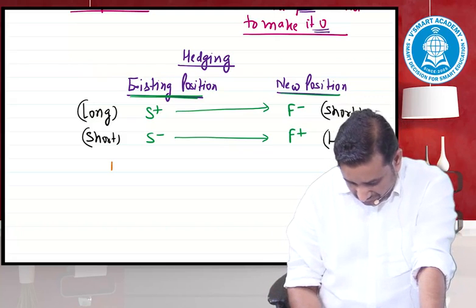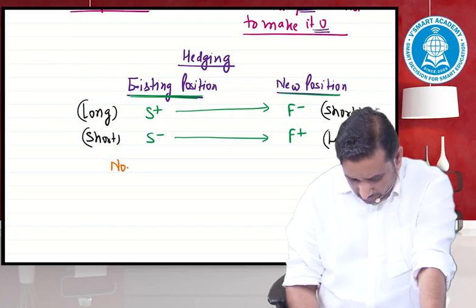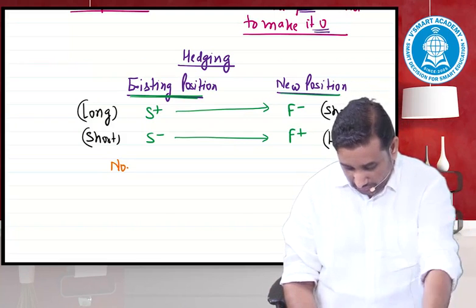Number of contracts to be bought or sold. One formula we learn, with the help of data I'll understand that formula.